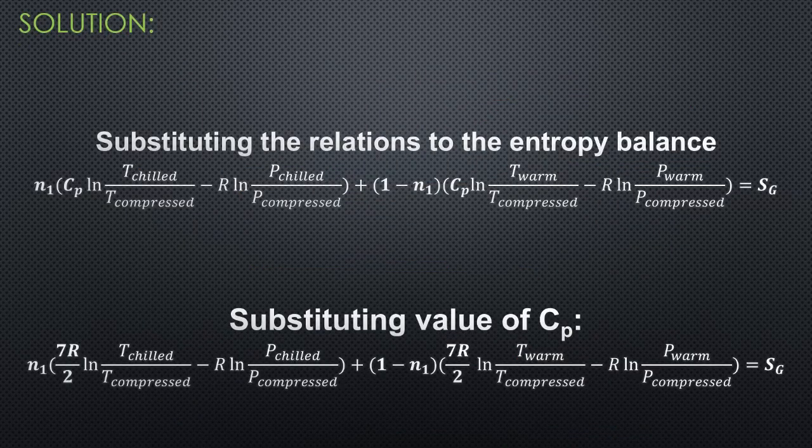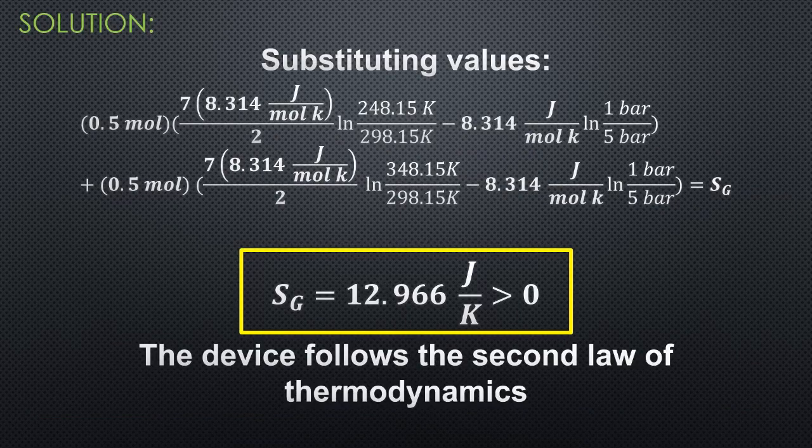Substituting the previous relations to the entropy balance and substituting the value of Cp, we obtain the following equation. Substituting values and solving for Sg, or the entropy generation, we have the entropy generation equal to 12.966 joules per Kelvin. Since the entropy generation is greater than 0, this device follows the second law of thermodynamics.